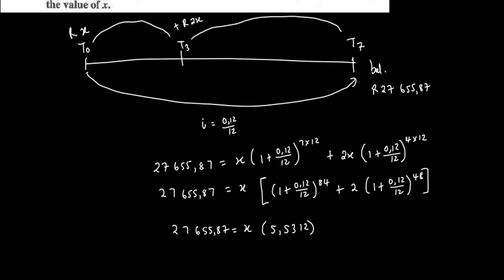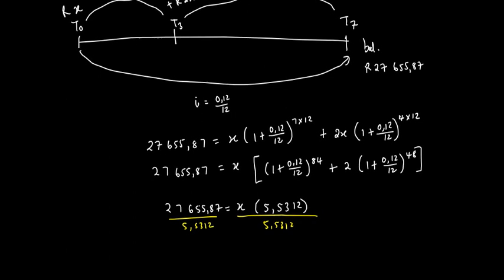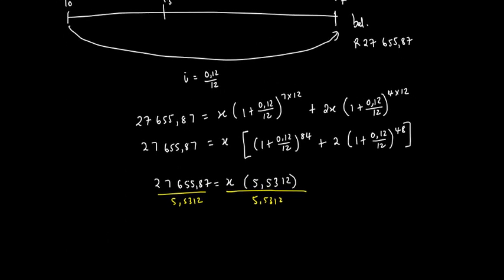So to then get x, you're going to divide both sides by 5,5312. Then from there they will cancel and you'll get your x.